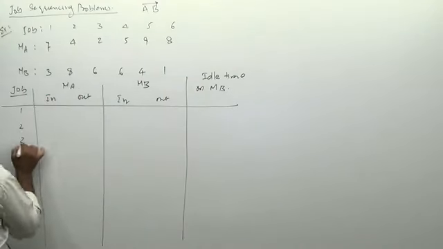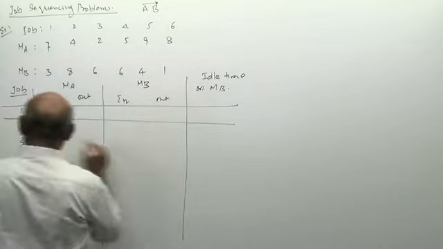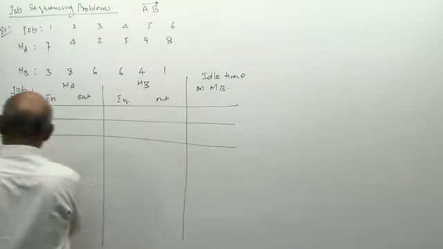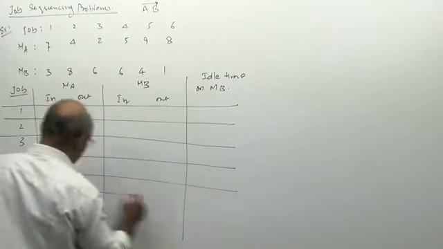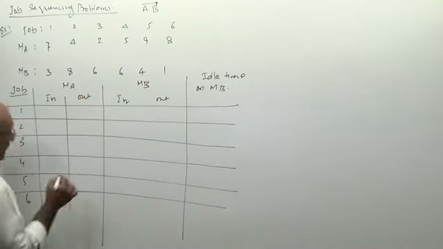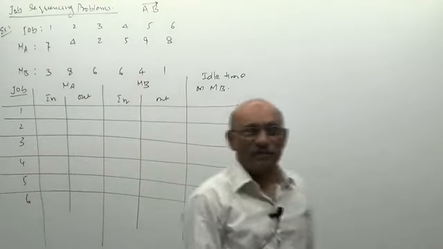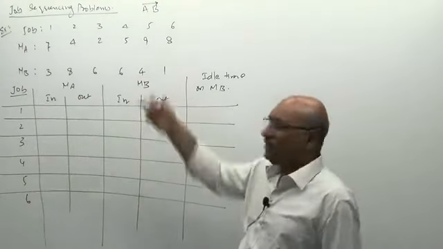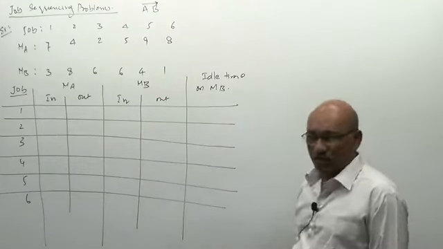Jobs we have 1, 2, 3, 4, 5, 6, sir. 6 jobs are there. Look at job number 1. At what time can this job enter into machine A? As and when the work is assigned to you, you can start the processing.